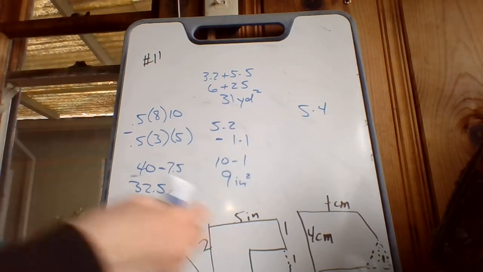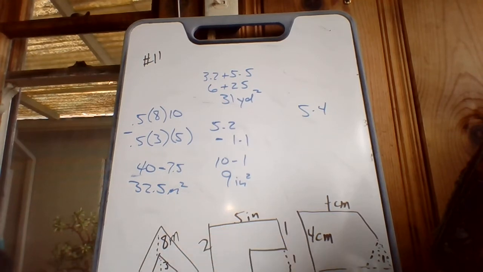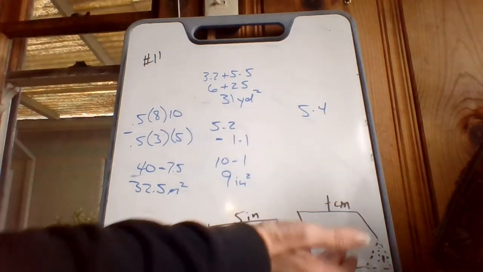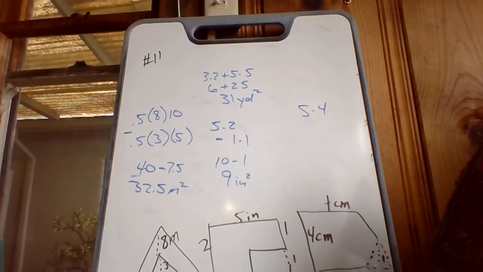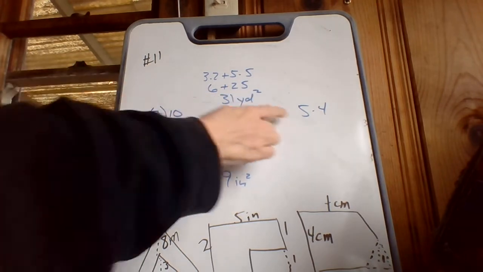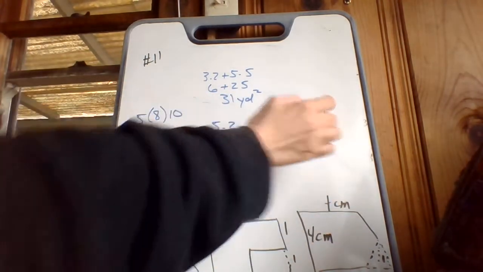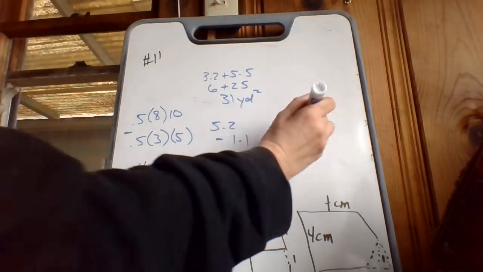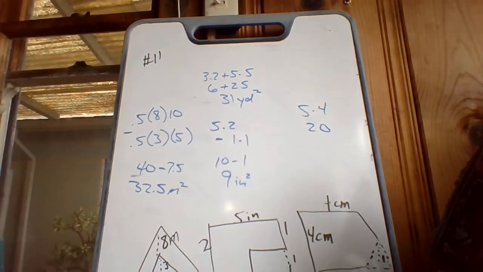But before I did that, it was a trapezoid, and it had two bases, 6 and 4. And I averaged the bases. The average of 4 and 6 is 5. And then I did the height, which is 4. Okay, so 20. That would have been before I munched that triangle out of the corner.